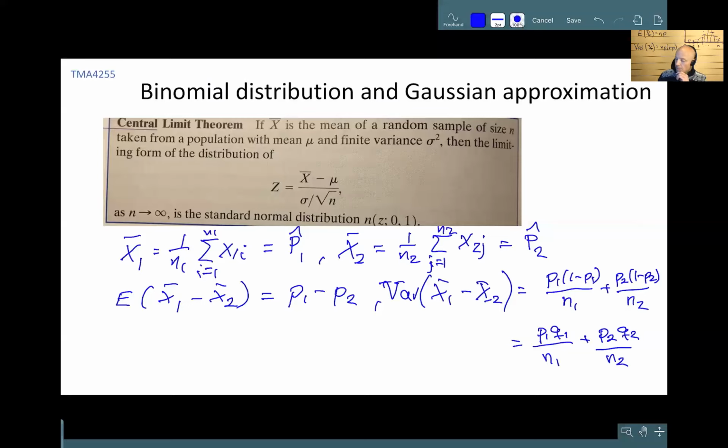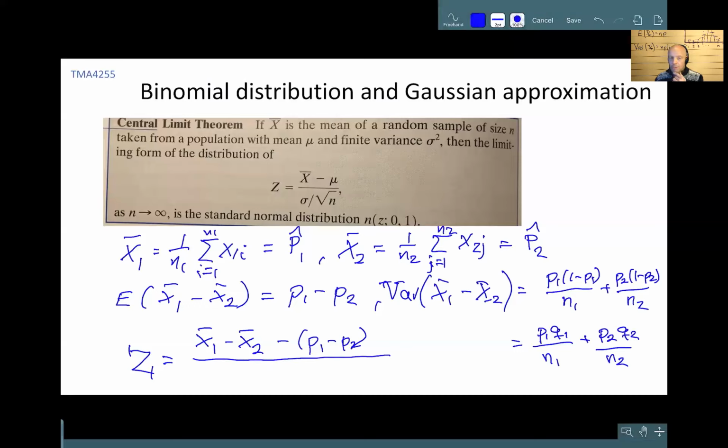Okay, so then our Z in this case, the Z value that we are interested in, which will be approximately Gaussian distributed, is x bar 1 minus x bar 2 minus the theoretical expectation.